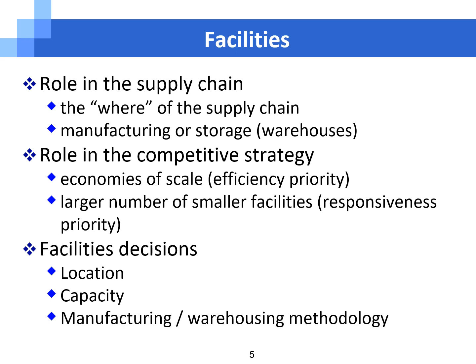Facilities are the where of the supply chain. The facilities are the locations to or from which the inventory is transported. Within a facility, inventory is either transformed into another state, say manufacturing, or it is stored, say warehousing.